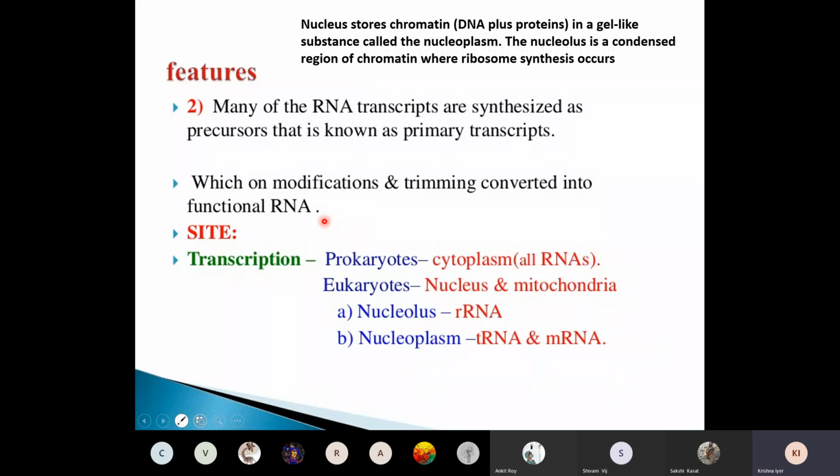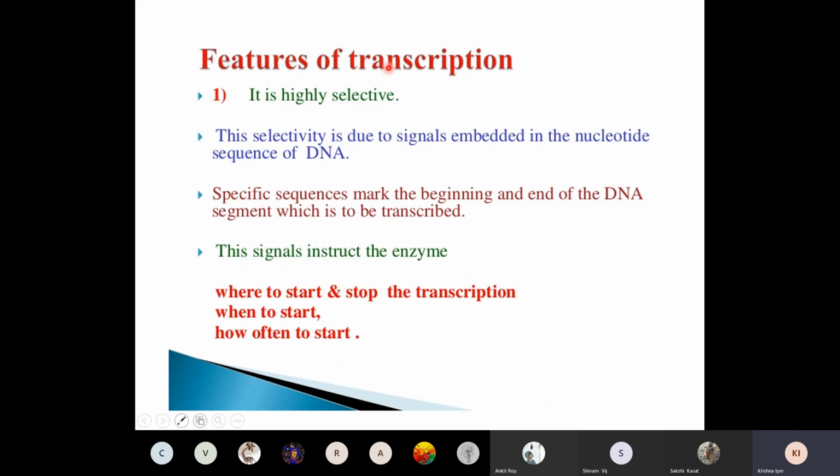Now the other part which I didn't talk about in terms of selectivity is that every cell in your body can potentially have this level of selectivity, which is very unique to that cell. For example, all the cells of our body contain the same sequence of DNA because they all have evolved from that initial union of the sperm and the ovum, what you call the embryo or the zygote.